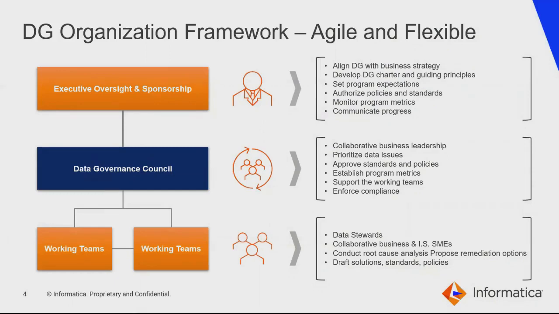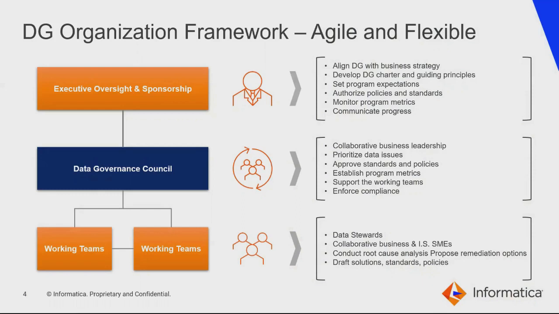Data Governance Council closely works with the executive oversight and sponsors, having collaborative business leadership and prioritizing data issues. Apart from that, there are some items that this function handles, which is to have support of the working teams and enforcing compliance.